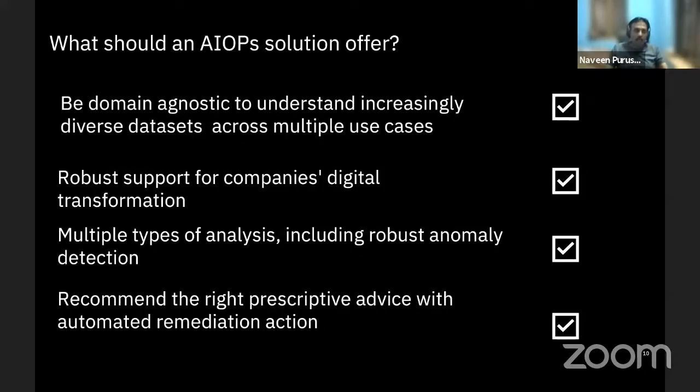The anomaly detection part, we already spoke about that, so I'll skip. And then we also talked about the prescriptive advice and remediation action, and AI generated automation, AI executed automation.